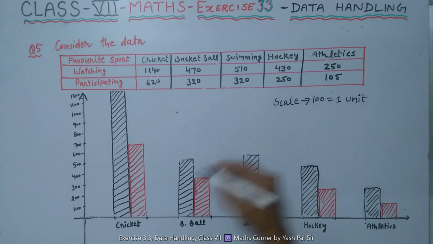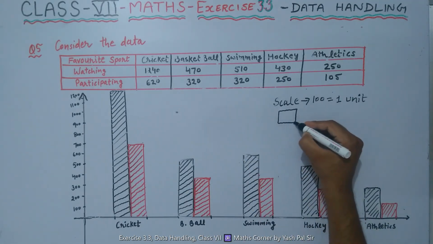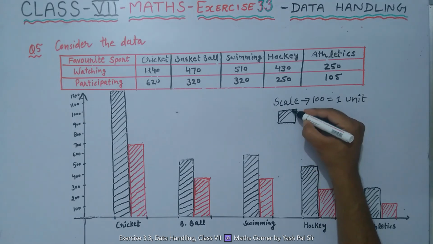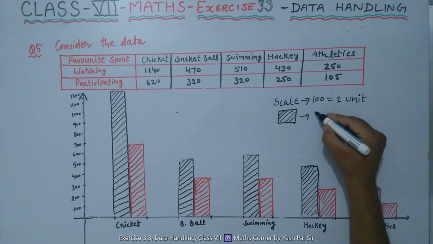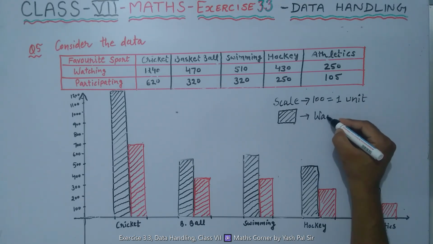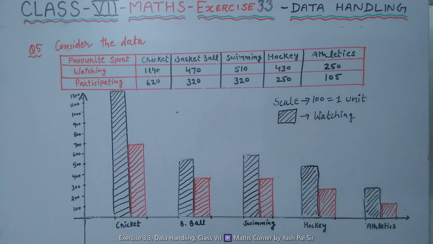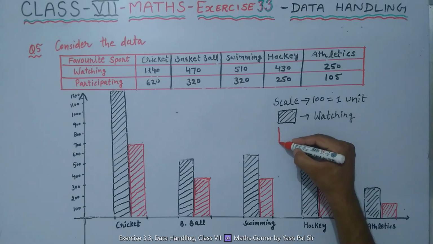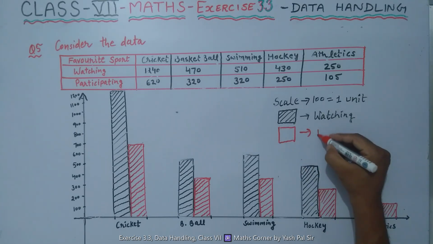Number 2, the black bars we have used with this shade mean watching. And the last one, with red ink we have used the shading, means participating.